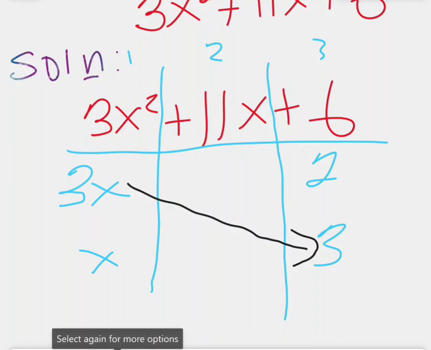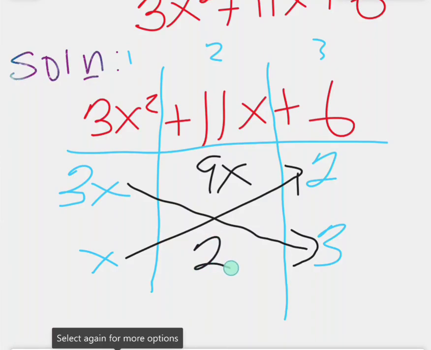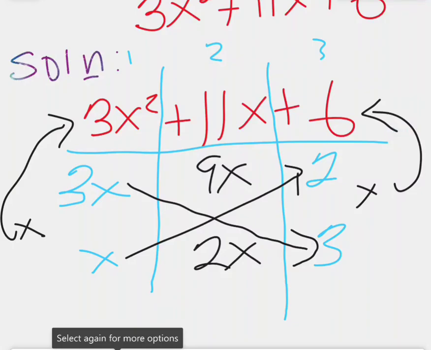So 9x is right here. Then x multiplying 2 is going to give me 2x. Now if you multiply these two, it gives you 3x squared. If you multiply these two, it gives you 6.